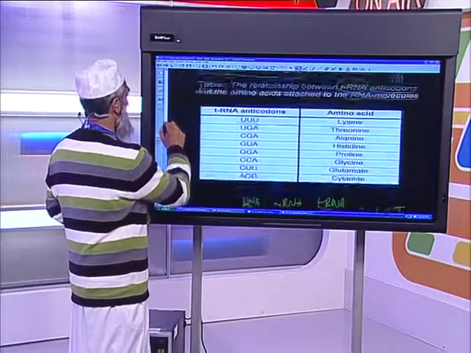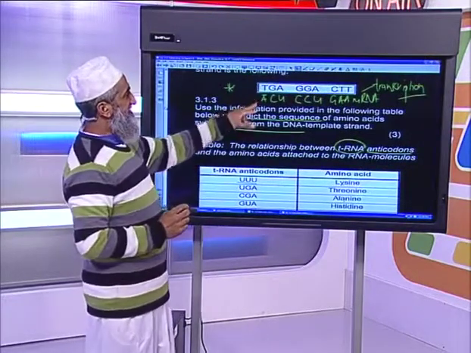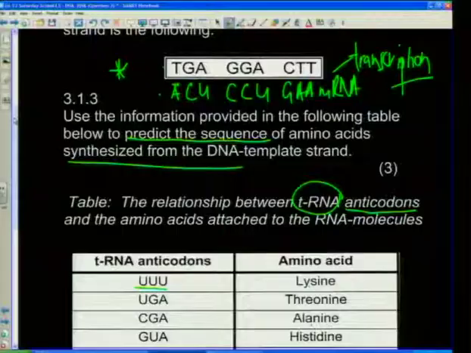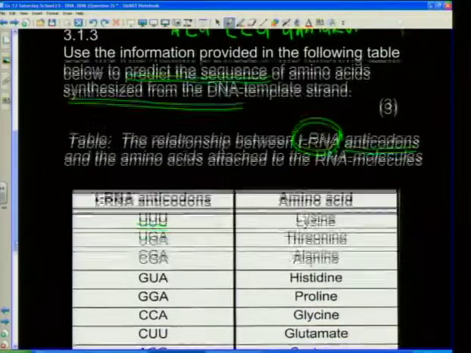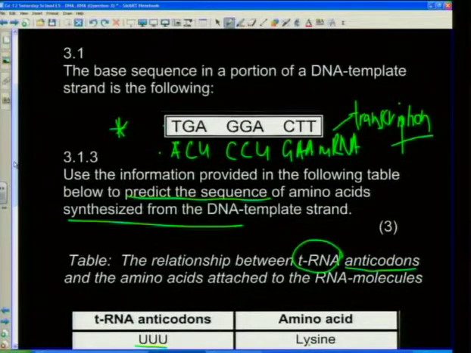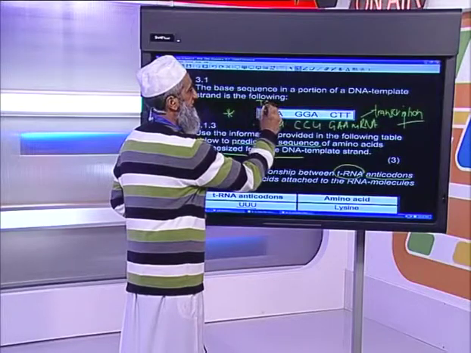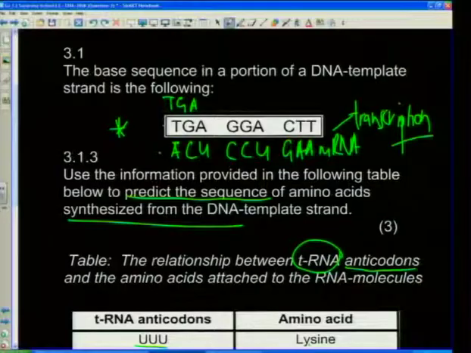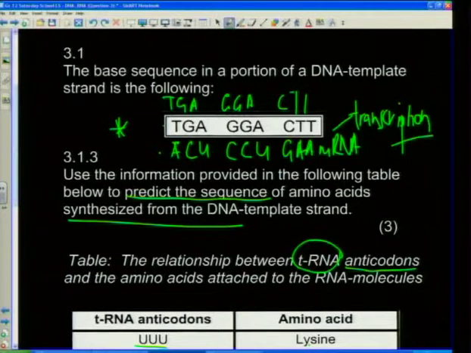Let's go back to our template again. If this is our DNA and this is the RNA, I said that the DNA and the transfer RNA are the same in most aspects, so let's draw it that way. If that's the messenger RNA, here's the DNA here, right? I'm going to rewrite all those letters: T, GA, GGA, and CTT.